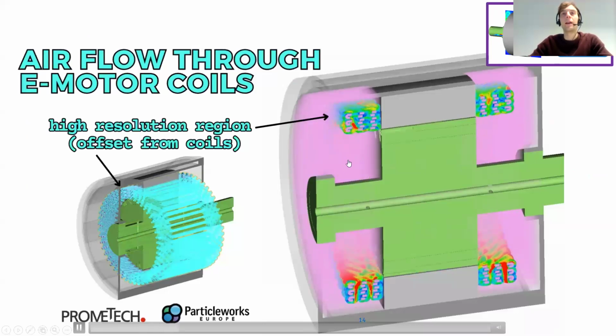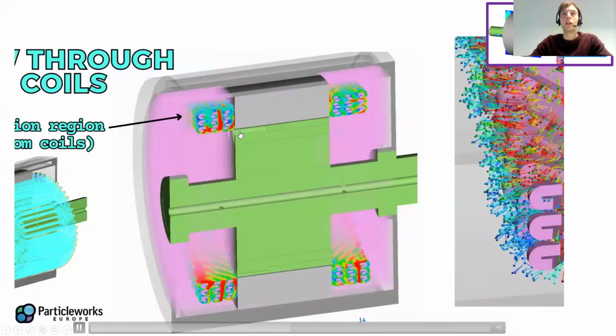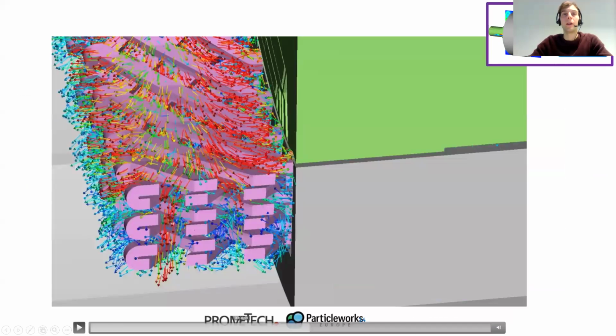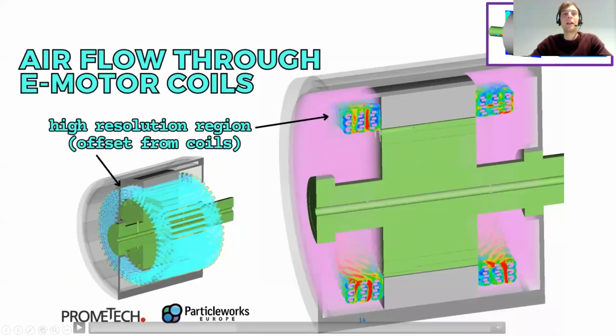You see in pink particles of air that are not refined, and I colored with the color map, sorry about that. And you can see only the particles refined around the coils that are colored in color map.